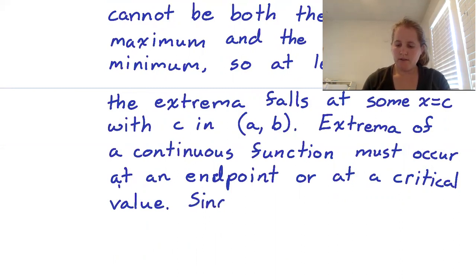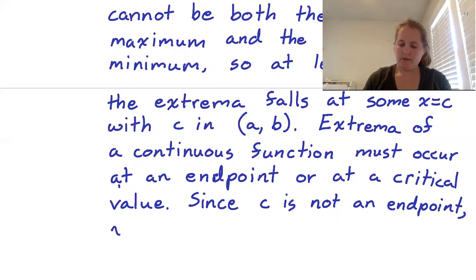Since c is not an endpoint, x equals c must be a critical value.